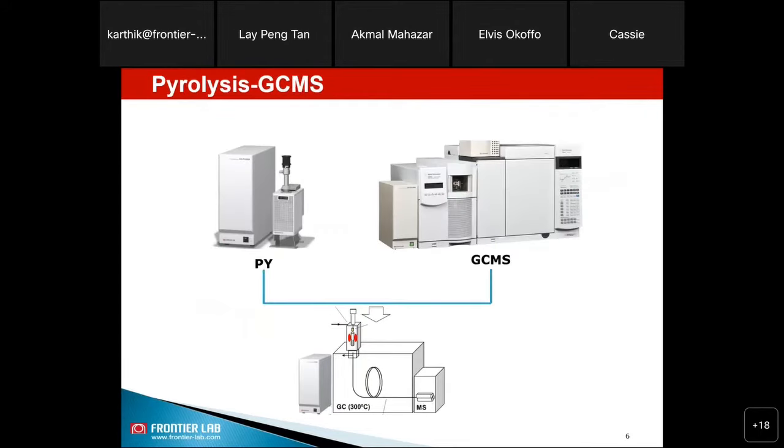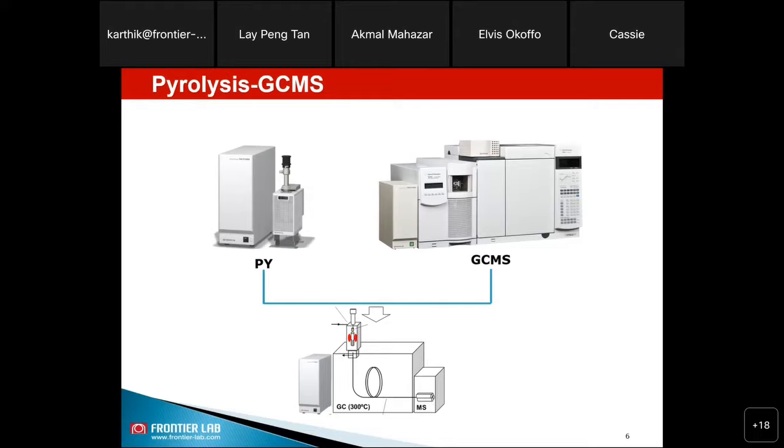Okay, just for the benefit of some of the participants who may be trying to learn about pyrolysis GCMS for the first time, I'm just going to share briefly the working principle and also the schematic. Pyrolysis GCMS is a hyphenated analytical technique that allows you to analyze solid samples directly without any sample preparation.